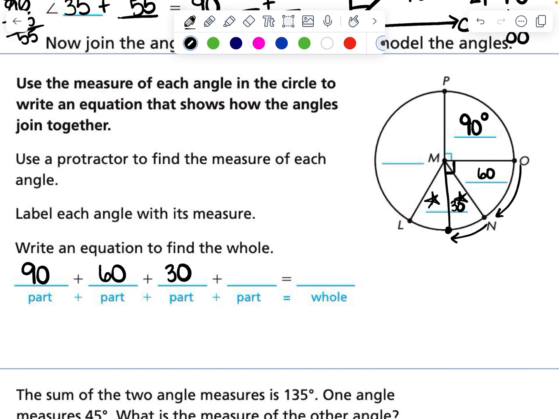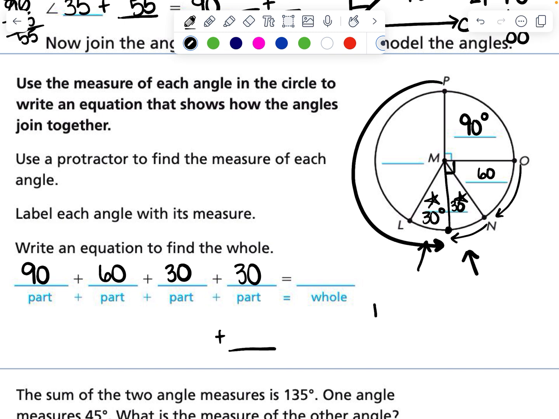If we add one more part, since we notice that these two are identical, I would need another 30-degree part, but I would have to know what the remaining half of a circle is equal to. That part I'm going to find by taking my half a circle, straight angle, minus 30 degrees.